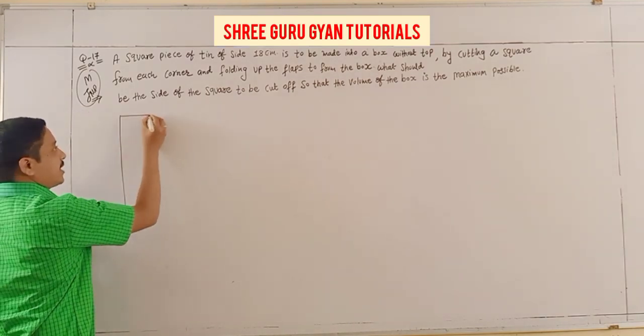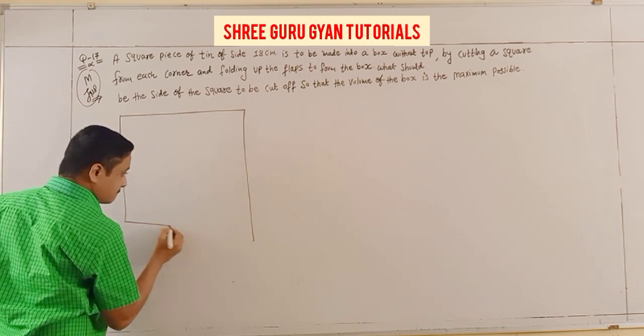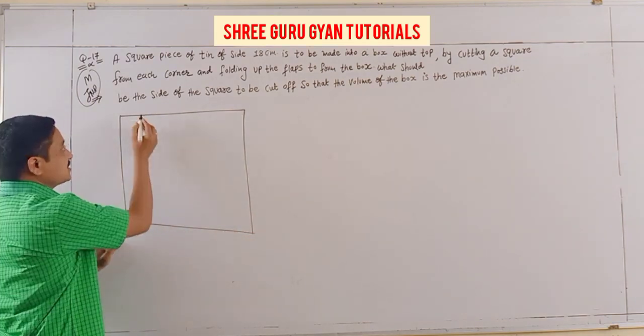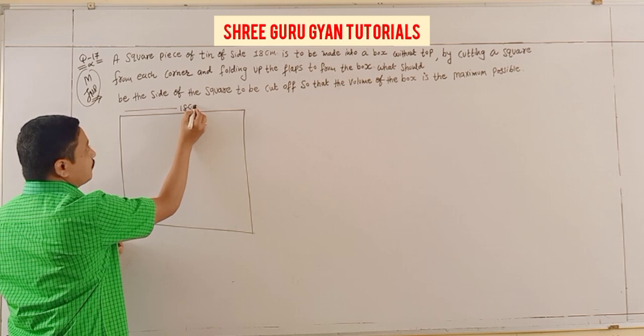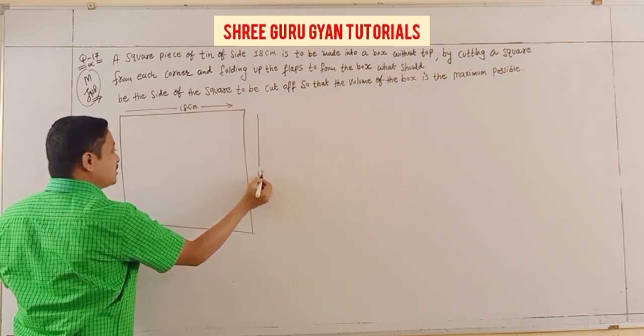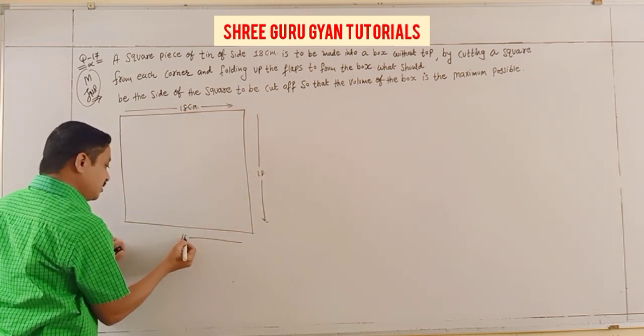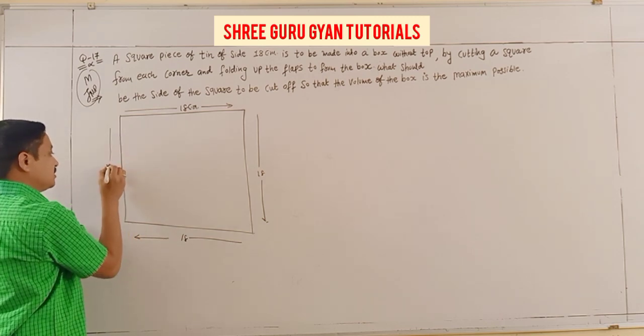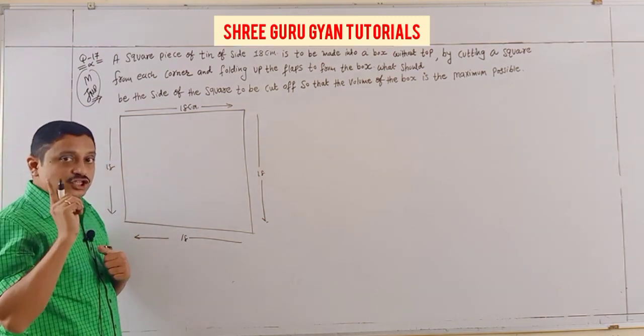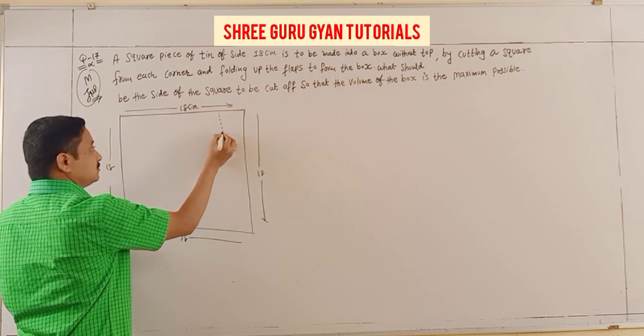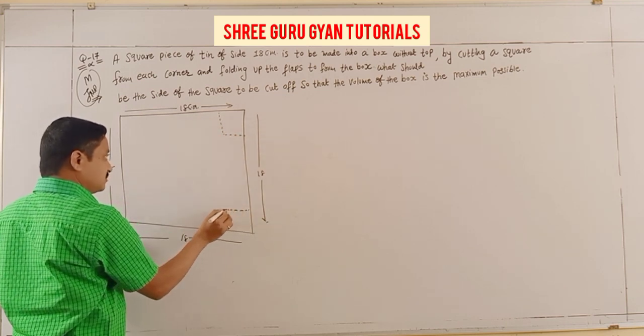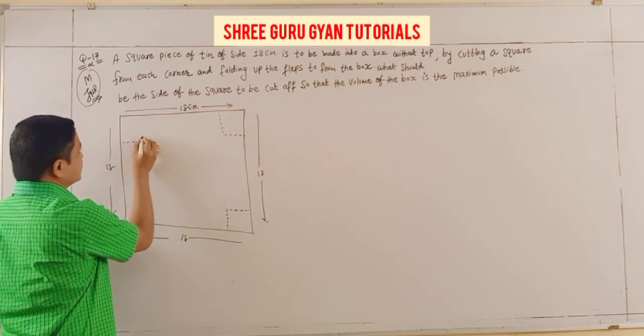So where is it, students? Consider this is your square. Each side is known, 18 cm. That also 18, here 18, and here also 18 cm. Each corner I cut it. The square cutting is x.